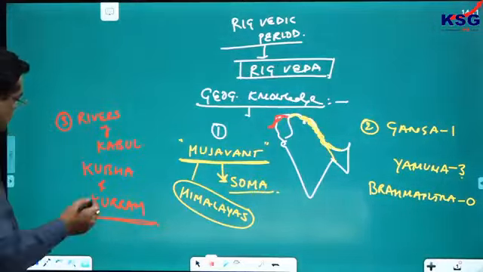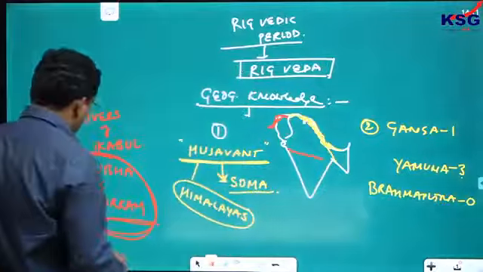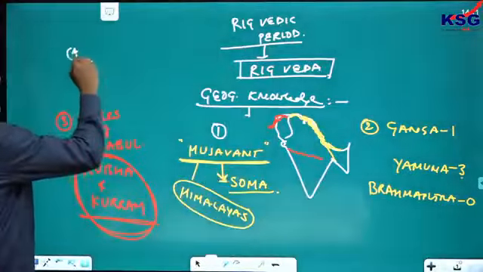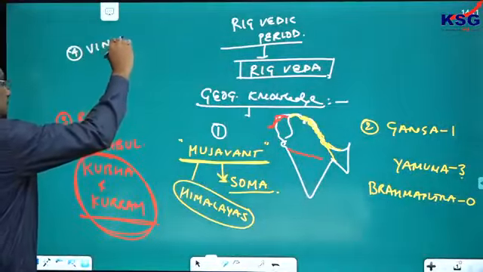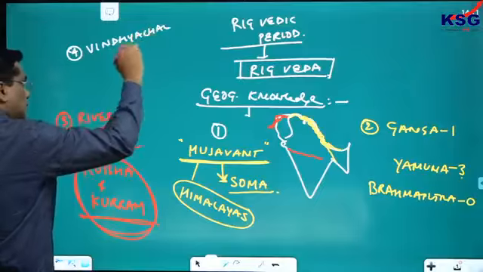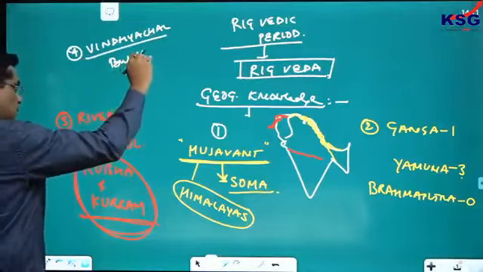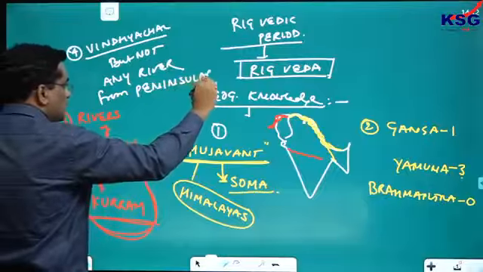And they knew about the Vindhyachal, the fourth one. But they did not know the Godavari, or any river from peninsular India.